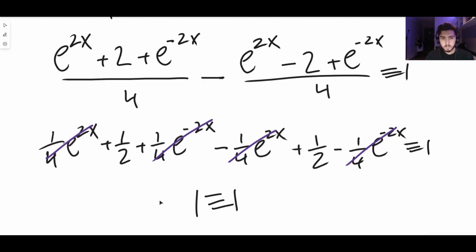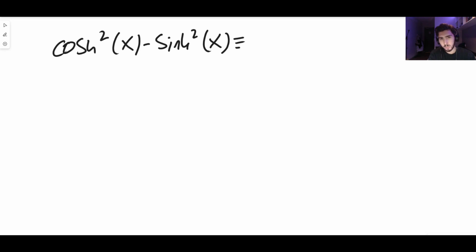Okay. The next ones that we're going to look at are the ones that basically come from that formula. So if we go with our cos squared x, we're going to prove two identities right now, but I'm going to start off with a different identity to show this. So cos squared x minus sine squared x is identical to 1.